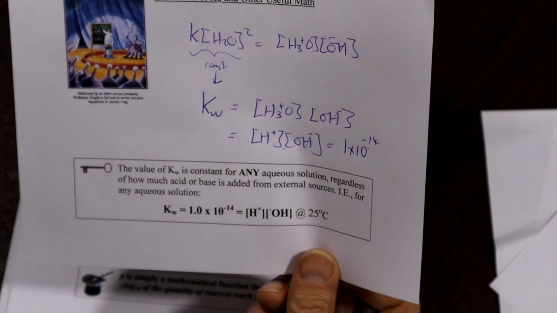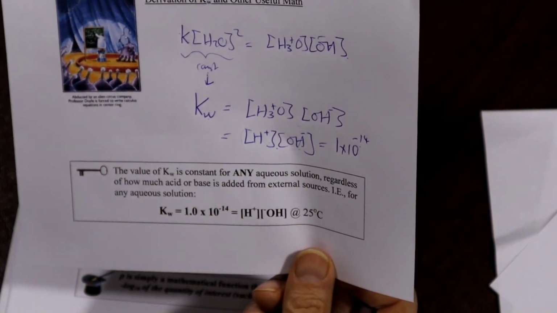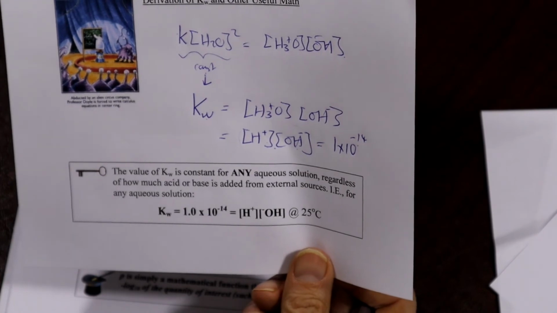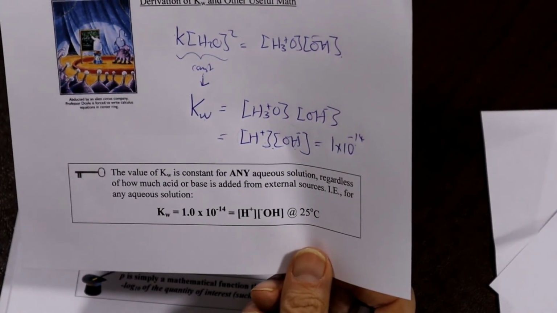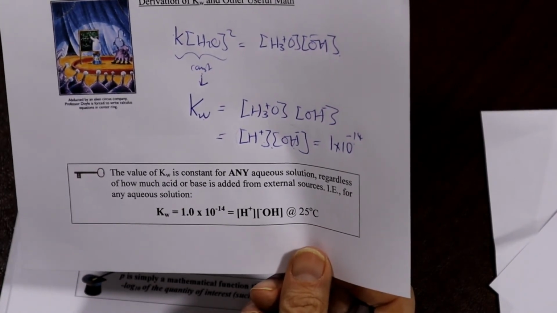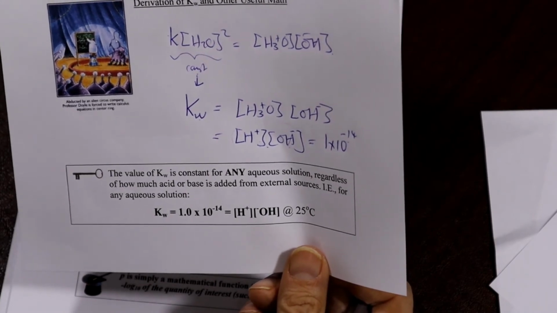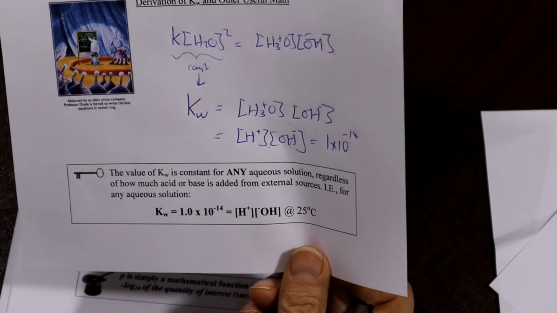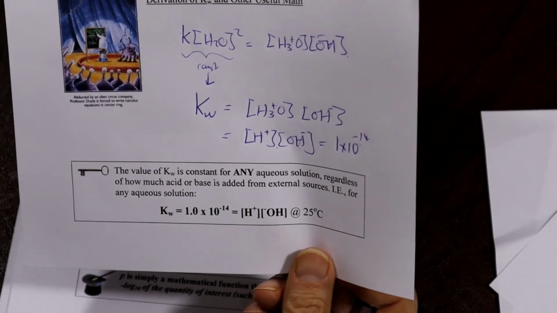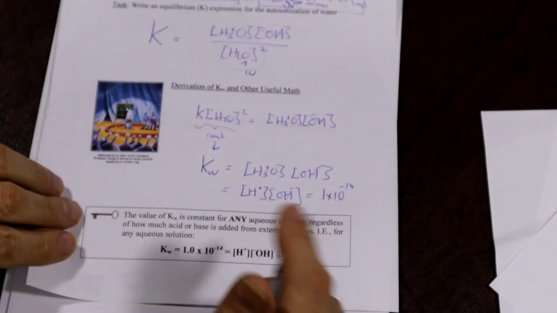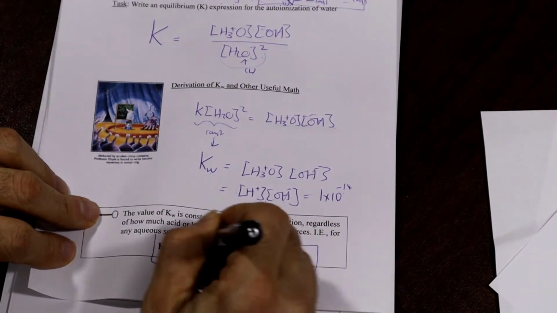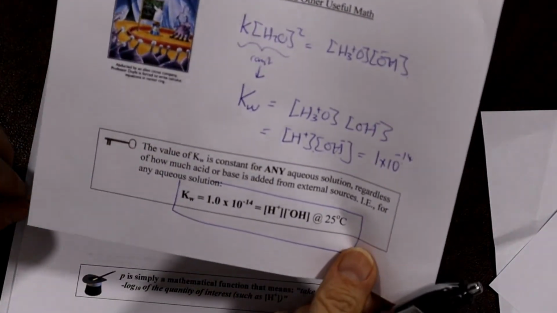If the concentrations are equal, that's both 10 to the minus 7, and then they would adjust from there. So that's the basis of this work, using Kw to figure out the concentration of H+ and OH- under neutral, acidic and basic conditions. That's an important thing to remember.